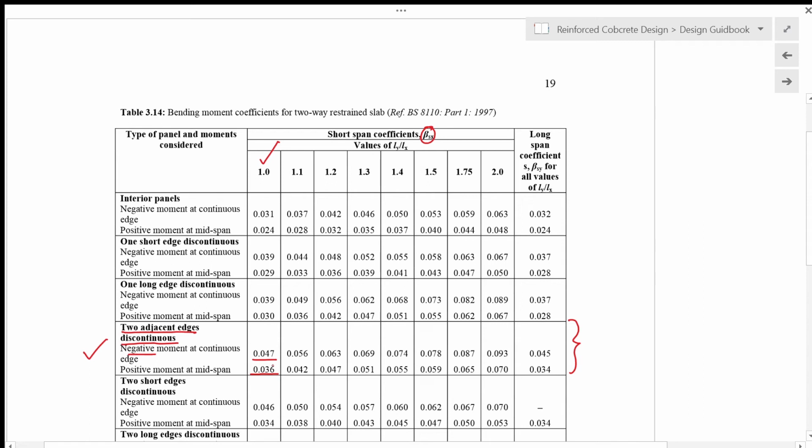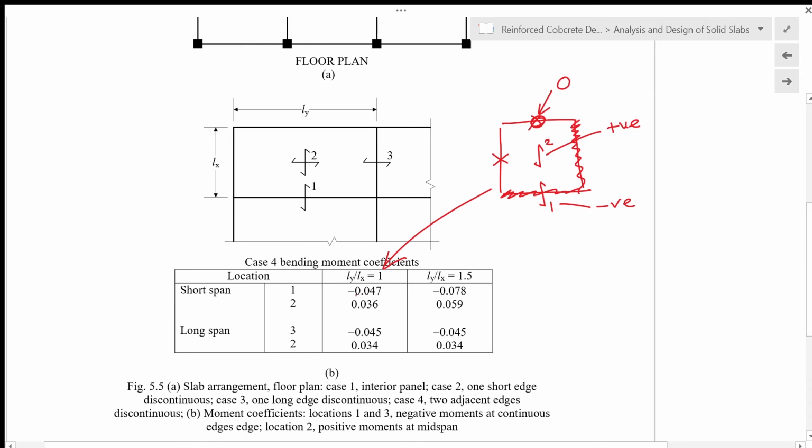So the positive moment at location 2 near the midspan of Lx is 0.036. So we have negative 0.047 because it's a negative moment here, and we have position 2 with 0.036 for the positive moment there.